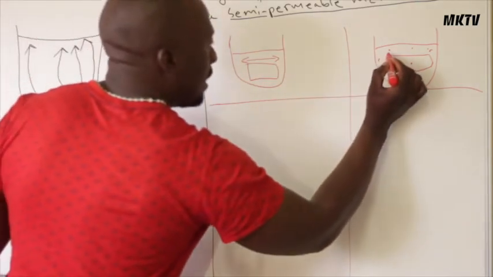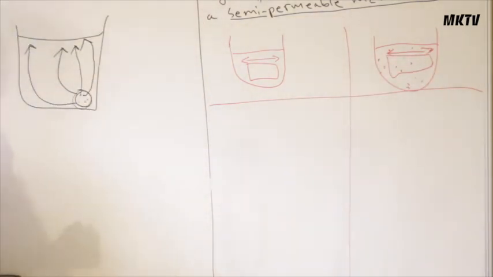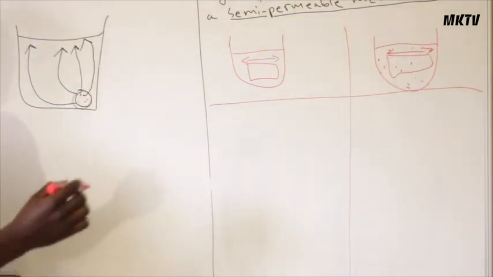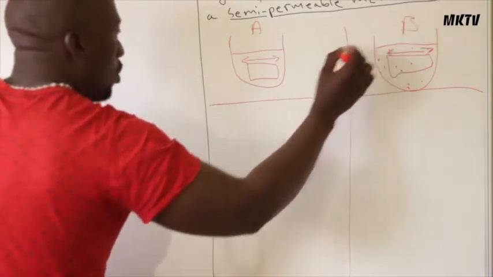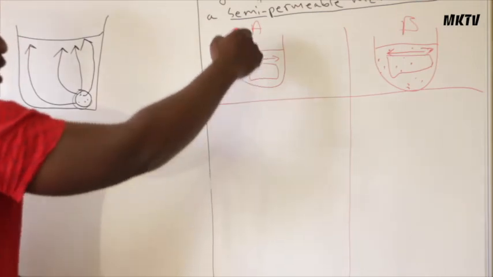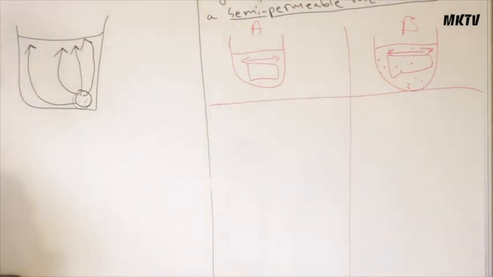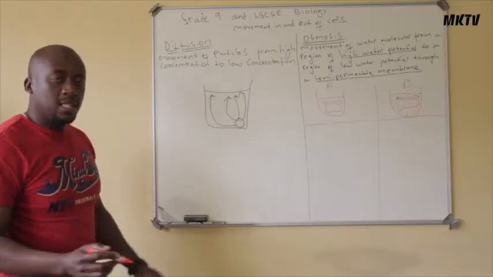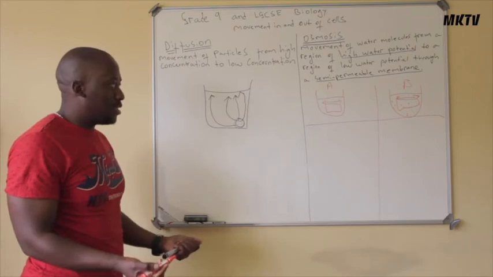Now you can begin your experiment. You put one potato chip in pure water, and the other one in salt water. Then you wait for some time. You can wait for about 30 minutes.